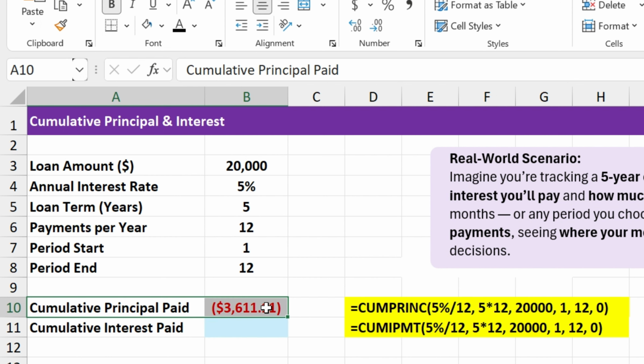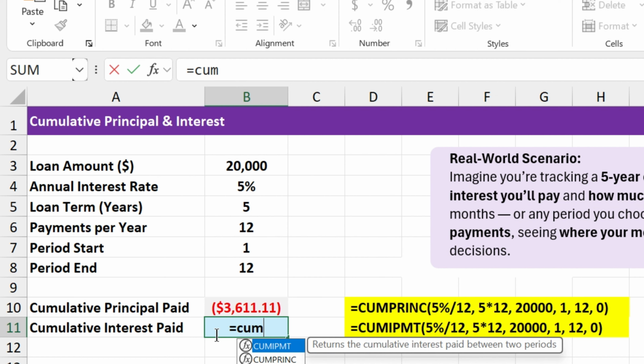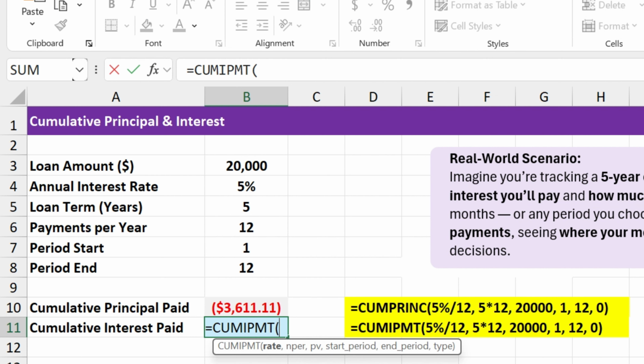Now for total interest, same idea, but I'll use the CUMIPMT function. This gives me the total interest paid in the same period.